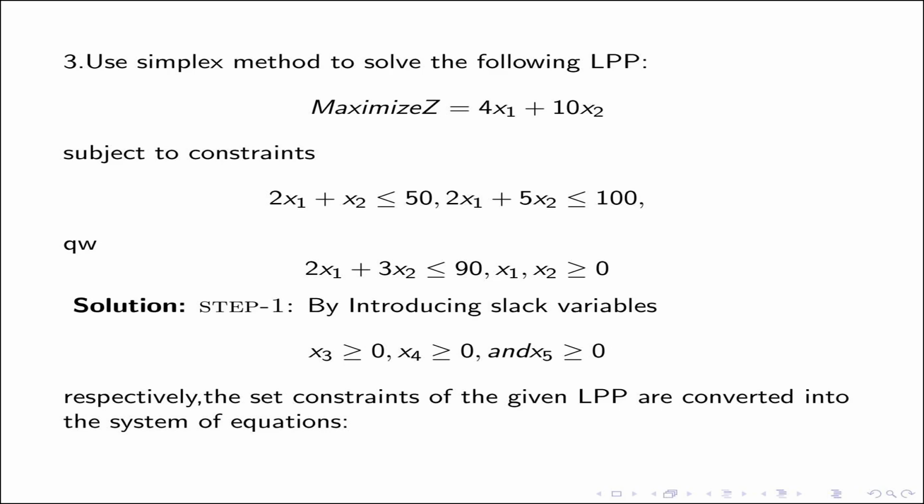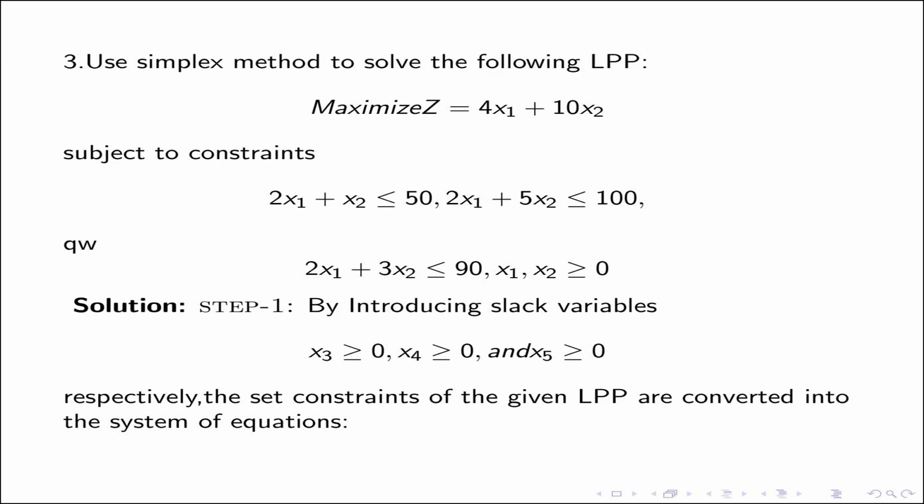Next, we see the simplex method to solve the following LPP. Maximize z equal to 4x1 plus 10x2 subject to constraints 2x1 plus x2 less than or equal to 50, 2x1 plus 5x2 less than or equal to 100, 2x1 plus 3x2 less than or equal to 90, x1, x2 greater than or equal to 0. First step, we introduce the slack variables x3 greater than or equal to 0, x4 greater than or equal to 0, and x5 greater than or equal to 0.